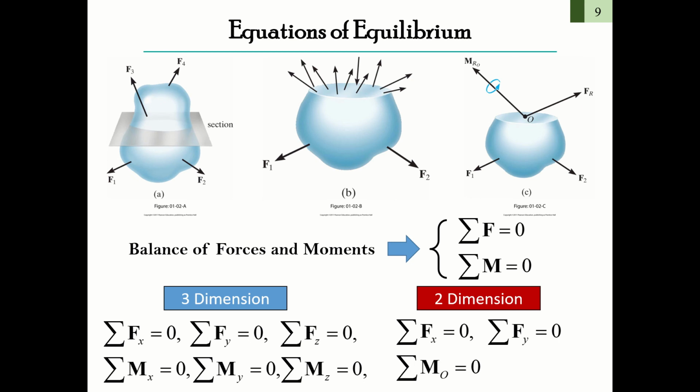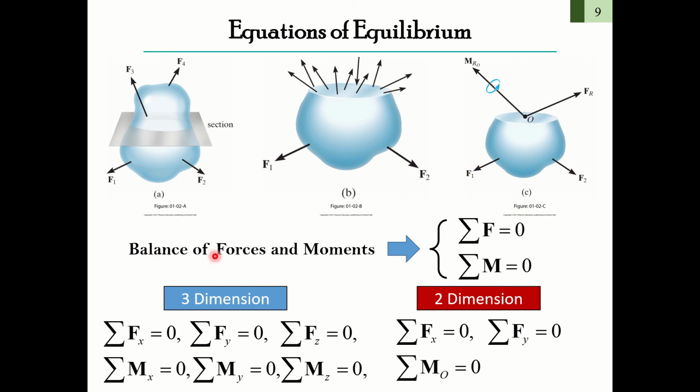Okay, it won't flap. So if the body won't move or flap, that means the summation of the forces must balance with F1 and F2, and the summation of those forces causing bending moment must balance with F1 and F2.